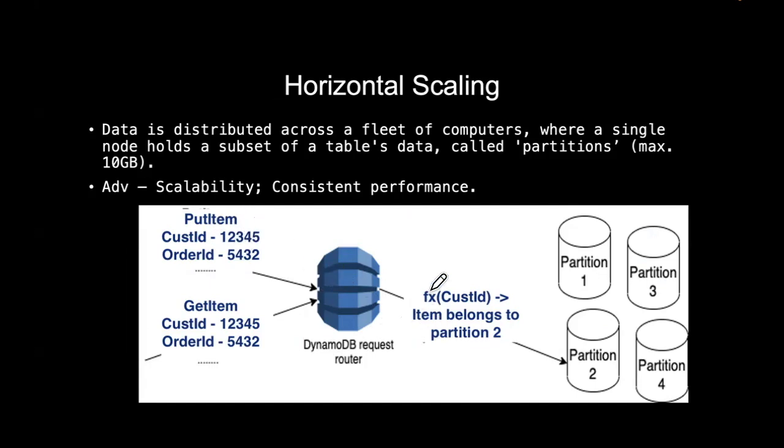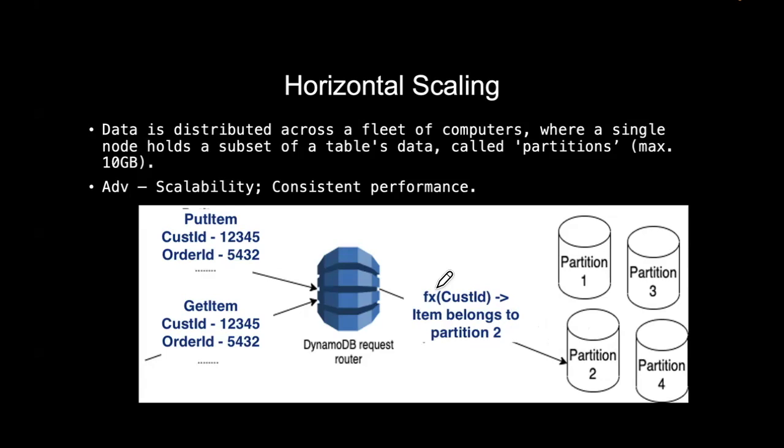It subjects that customer ID value to an internal function. What the function does is it returns the partition that this item should be stored in. So let's suppose it decides it should be stored in partition 2. This is a hashing function that we don't need to know the workings of. It's probably proprietary to DynamoDB anyway.